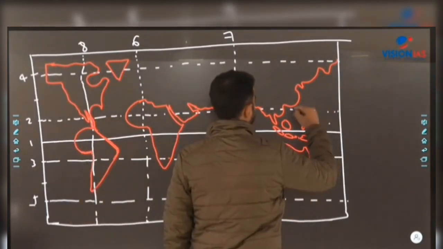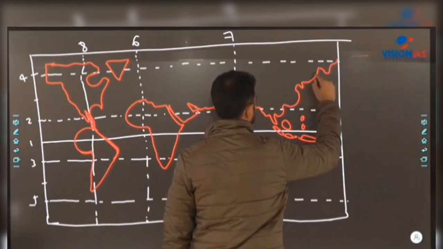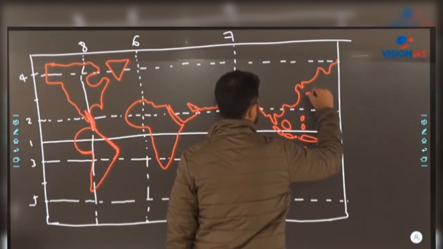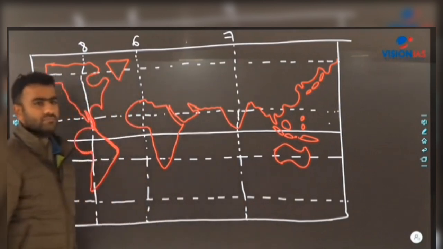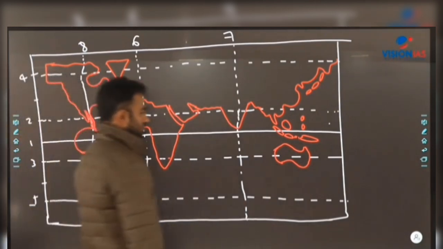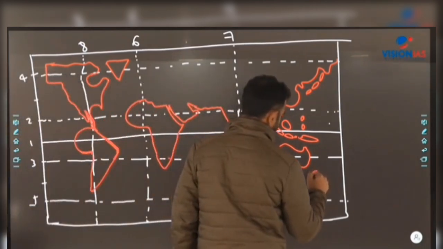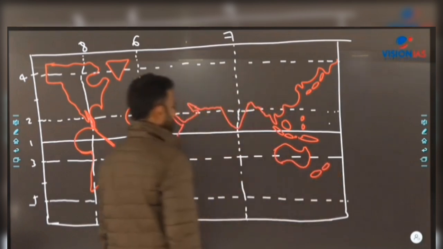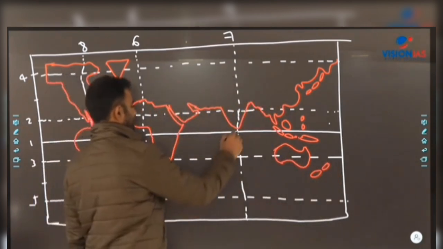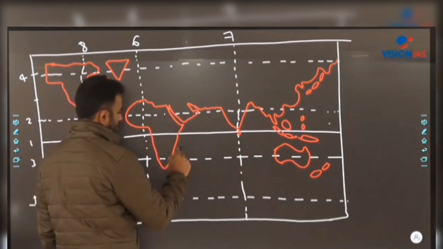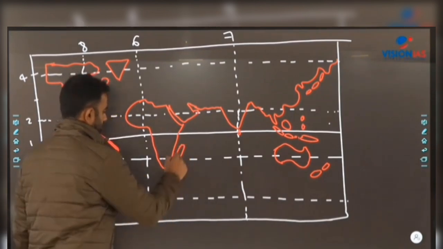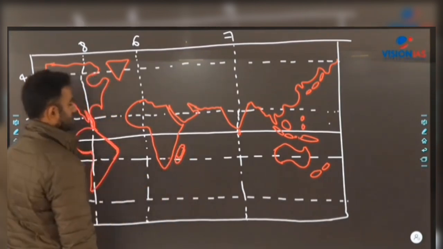Then here we have Indochina, China, and then Korea. Next to Korea, we have Japan. Done. Below Australia is New Zealand, below India is Sri Lanka, and next to Africa is Madagascar. Of course Madagascar has the Tropic of Capricorn passing through.